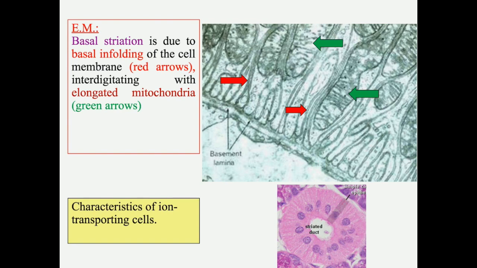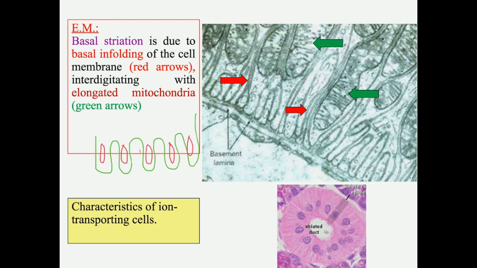Actually, what will this cell perform? This is the base of the cell forming basal infolding, and in between this infolding we have the mitochondria, and this will increase the surface area for the ion transport.